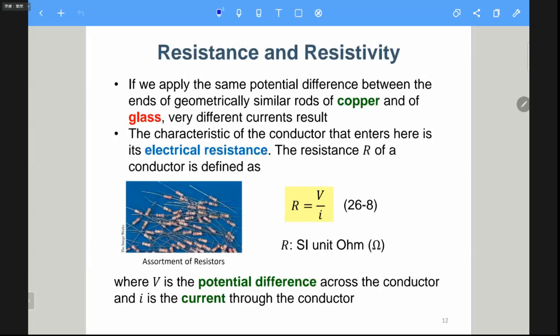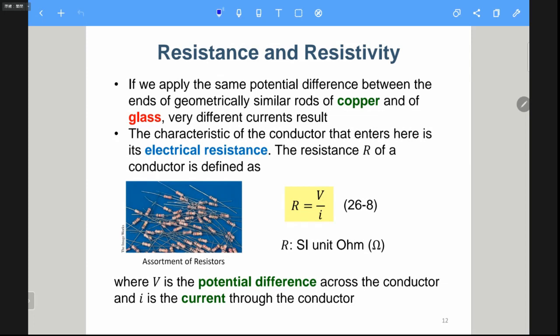Okay, so next we introduce the variables called resistance and resistivity. If we apply the same potential difference between the ends of geometrically similar rods of copper and of glass, very different currents result.